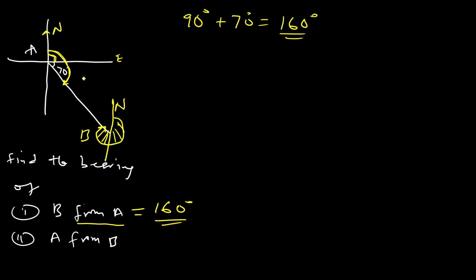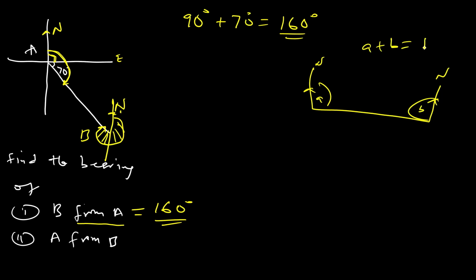Let's look at the two norths here. In plane geometry, when two lines are parallel like this, the angles add up to 180 degrees.